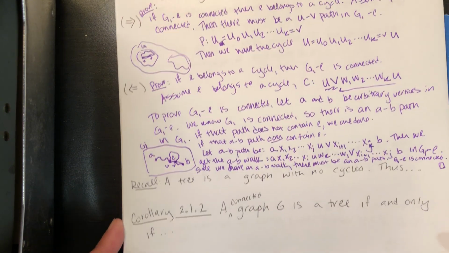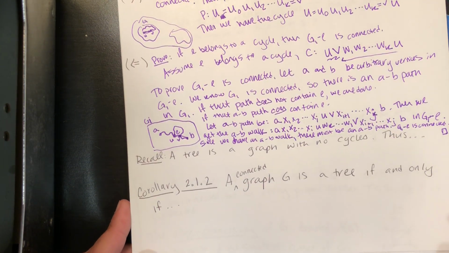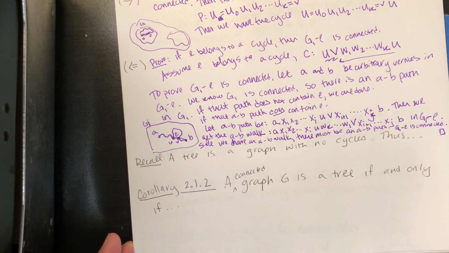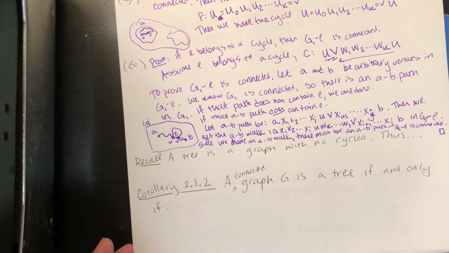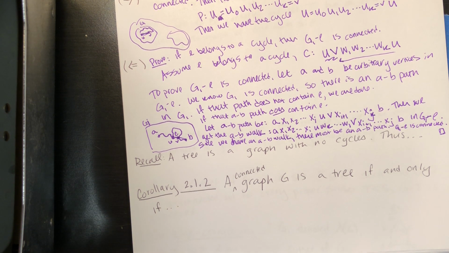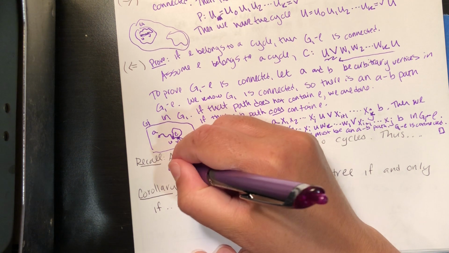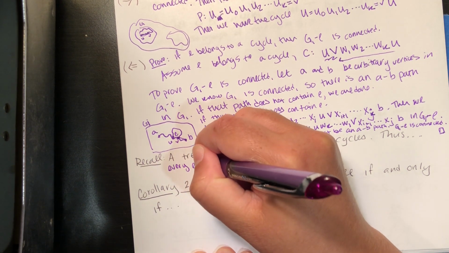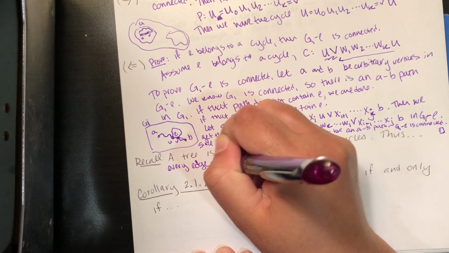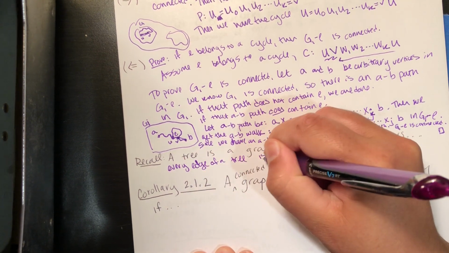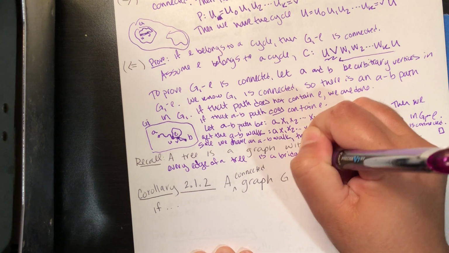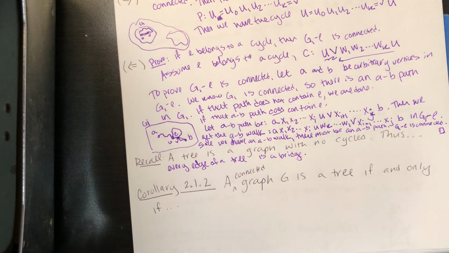Now remember, we had said that a tree is just a graph that has no cycles, which means no edge in the entire graph is going to lie on a cycle, which means every single edge of a tree is a bridge. So if you start with a tree graph, you can delete any single edge and you'll be left with a disconnected graph.